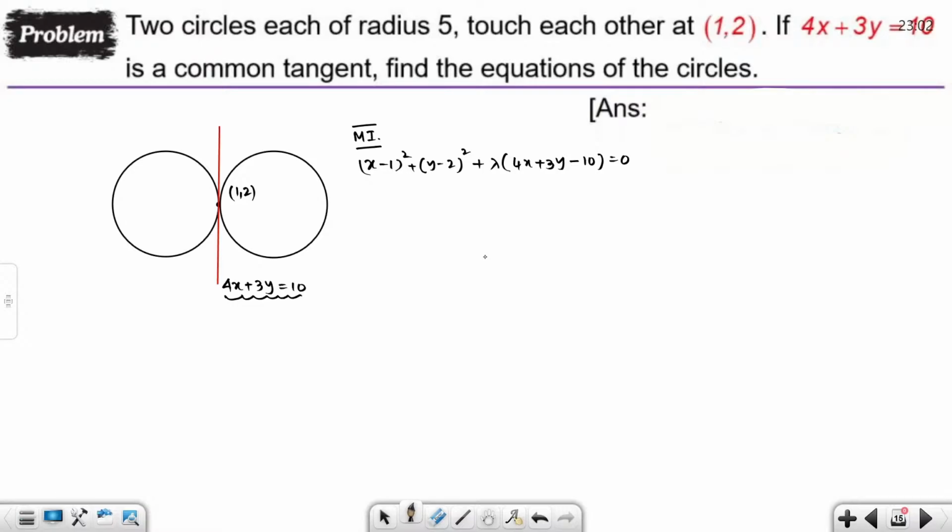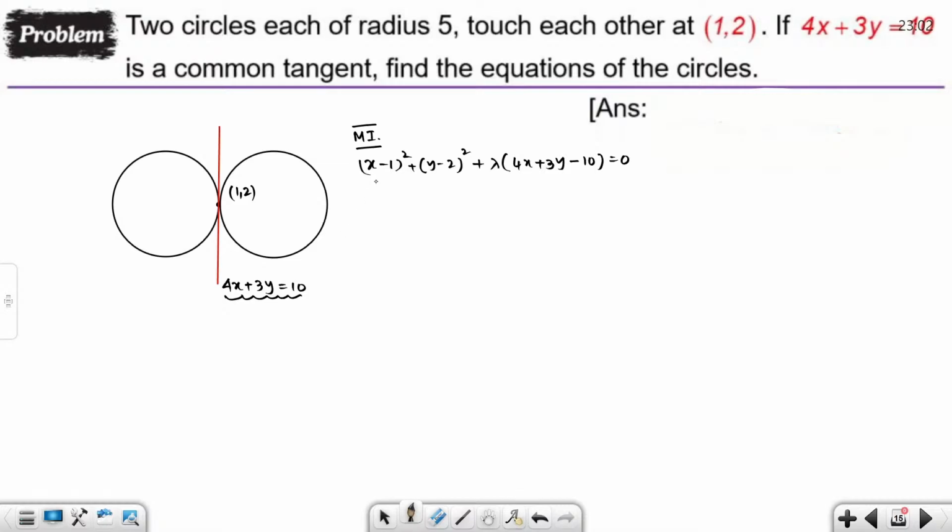Am I correct in this case? Okay, so this will be the equation of any circle which is passing through the point 1, 2 and to which the line 4x plus 3y minus 10 is a tangent, right?